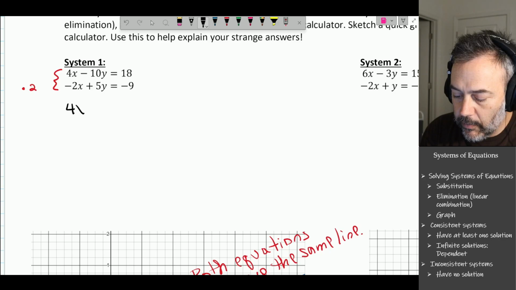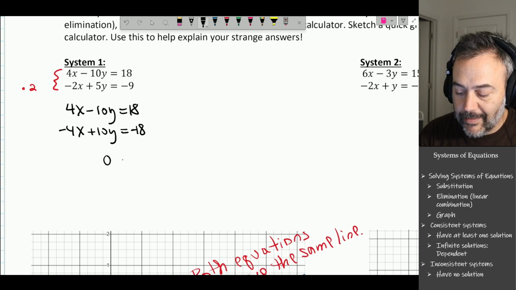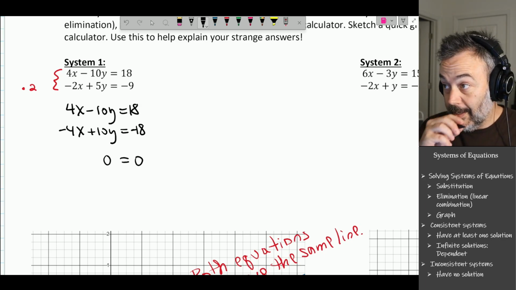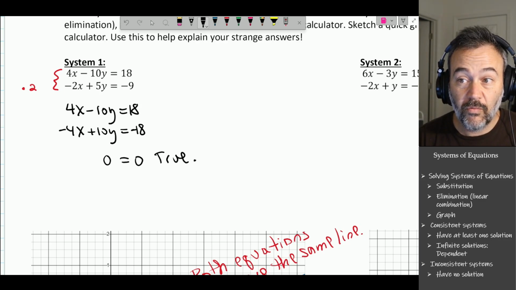And we would get 4x minus 10y equals 18, and negative 4x plus 10y equals negative 18. And now if we add vertically, we get 0 equals 0. Now this is true.